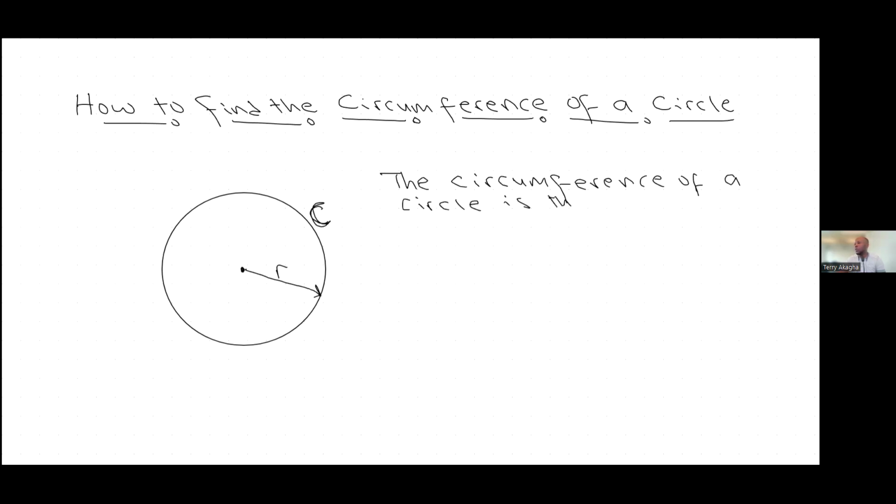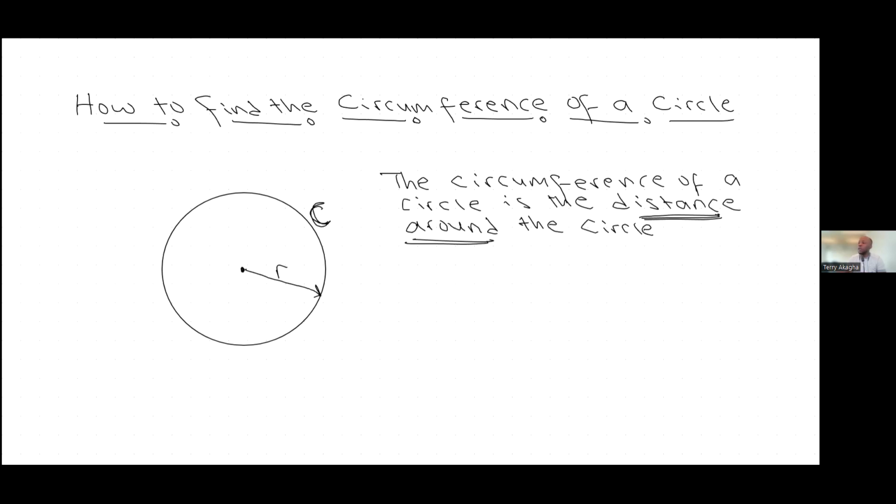So the key word is the distance around the circle. When you have a particular circle, the circumference is the distance around it.